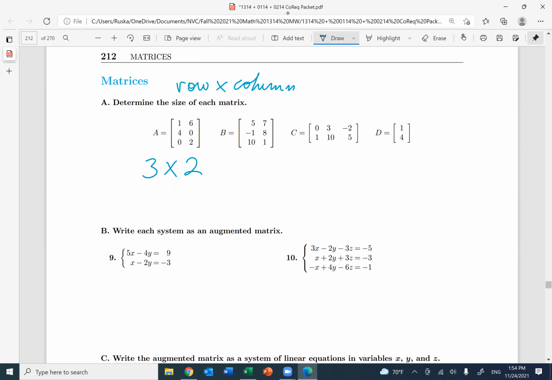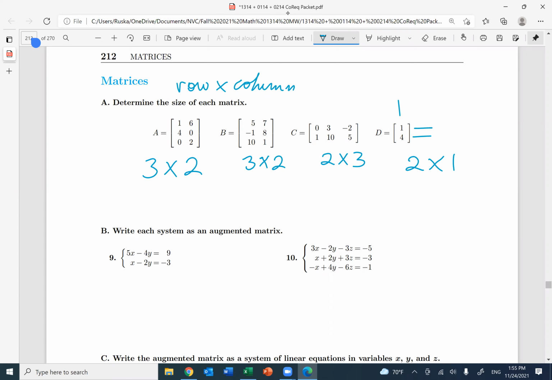Can you tell me the dimension for the second one? It's actually the same. B is 3 by 2. And how about C? How many rows? 2 and 3 columns, right? Now, how about D? We have how many rows? 2 rows by 1 column.